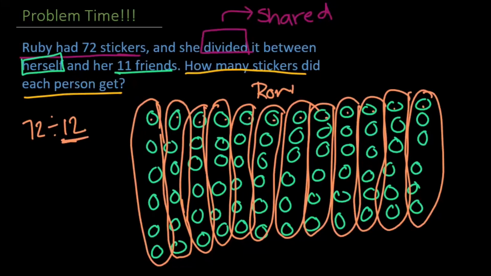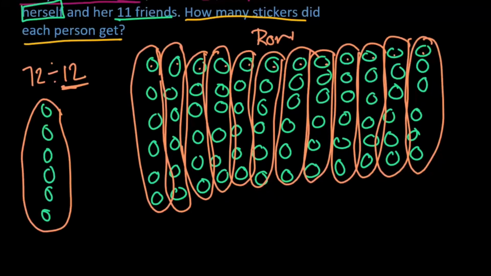But we can count it. 1, 2, 3. Wait, we don't do that actually. Sorry guys, I was getting confused. But you count the circles in each group. So that basically means you're just going to count the circles in this group over here.